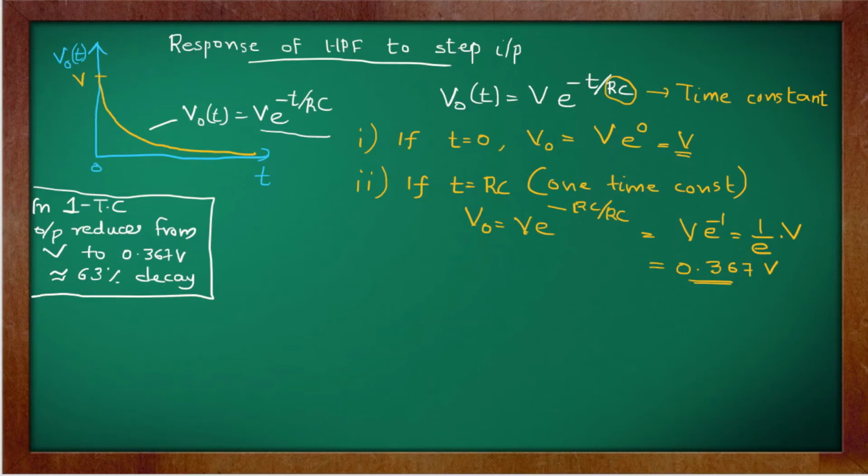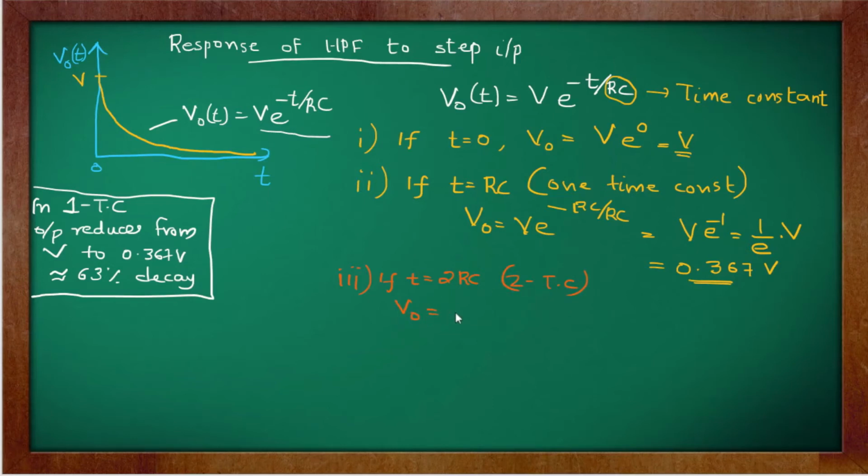Now again check what happens in case 3, if t is equal to 2 RC, that means 2 times the time constant. If t is equal to 2 RC, what happens to V naught?